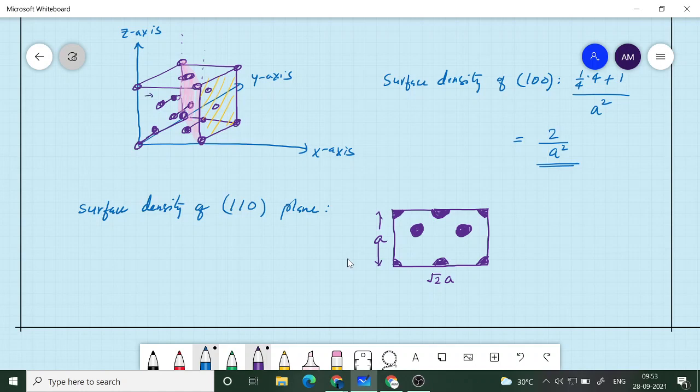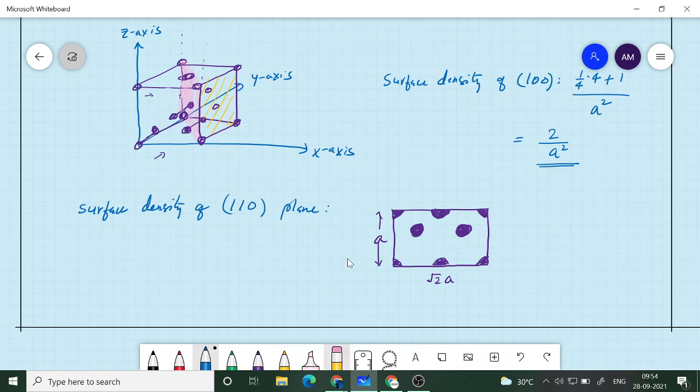And similarly from the surface on the front, that is this surface, there is also a face atom. If you move it a by 4, a by 4, a by 4, again it is on the plane. But the left one, because of the way I have drawn it, doesn't look like it is on the plane.